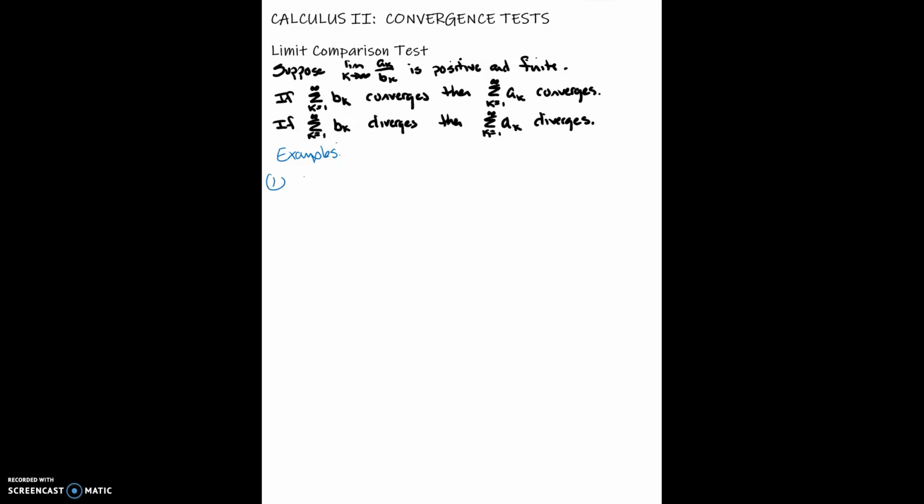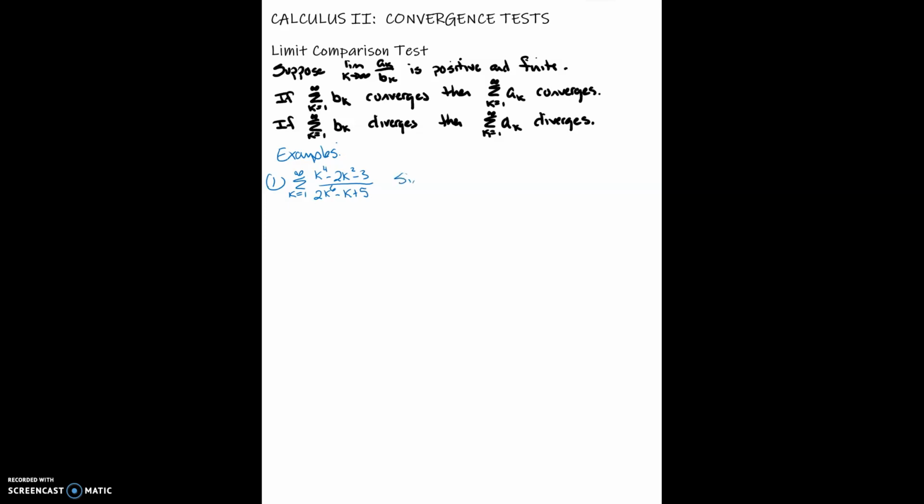Suppose we have the sum, as k goes from 1 to infinity, of k to the fourth minus 2k squared minus 3 over 2k to the sixth minus k plus 5.